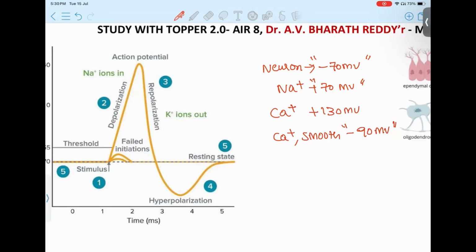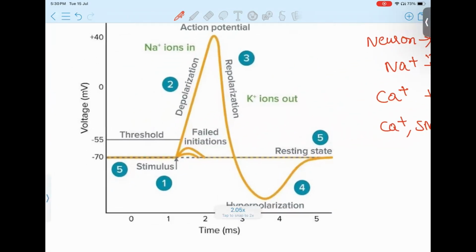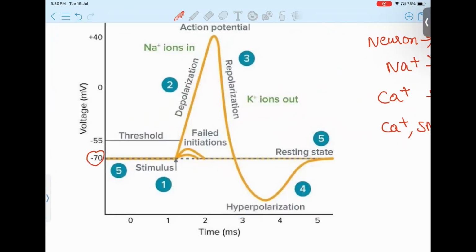Next, moving on to how the action potential is formed. At the minus stage, the polarized state is always negative. If you increase the stimulus, the depolarization is done only by the sodium going into the cell. After a point, it will reach the peak, which causes the repolarization, as your potassium is going out.